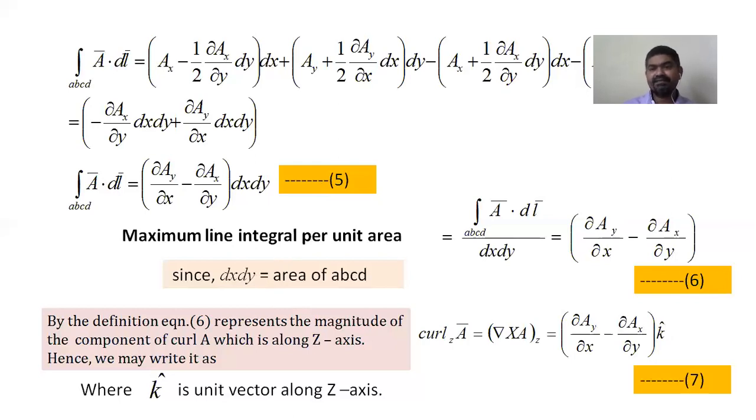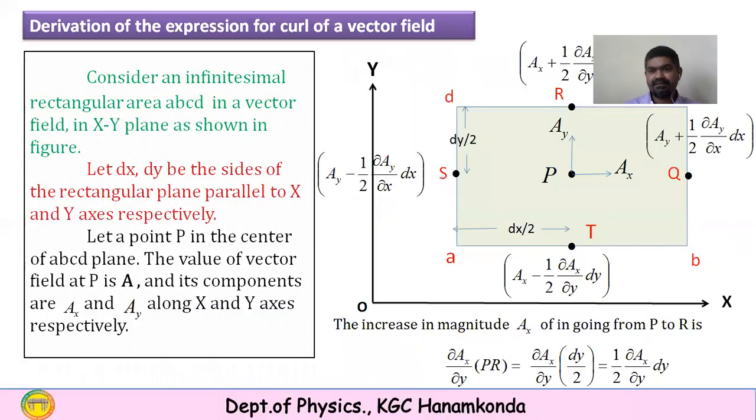But here this value should be multiplied with a unit vector. How can we calculate the unit vector direction? By seeing this plane, the closed path direction is anti-clockwise. Therefore, you apply the right hand rule here.